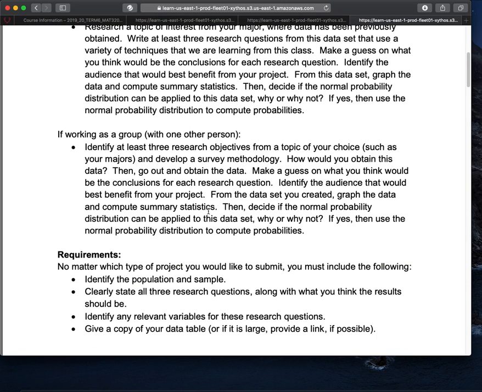On the other hand, if you wanted to work together, again, you would identify at least 3 research objectives from a topic of your choice, such as your majors, but the difference is that now you develop a survey methodology. Again, we'll be learning what that means, but it means coming up with a bunch of questions that you want to find information about.